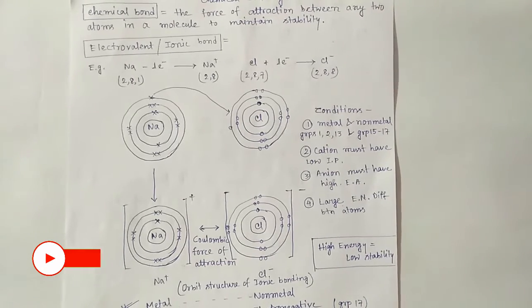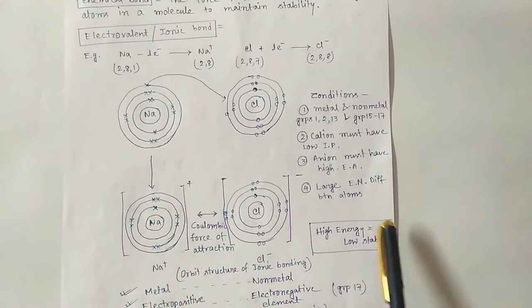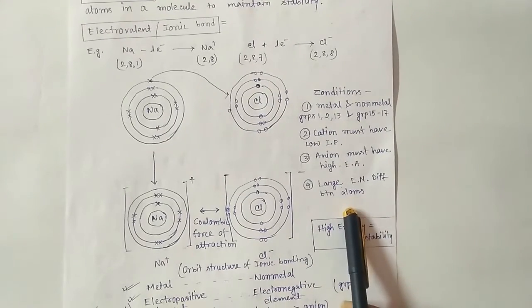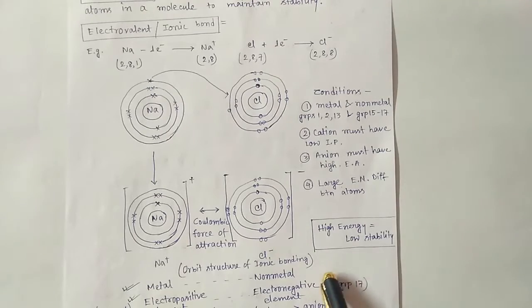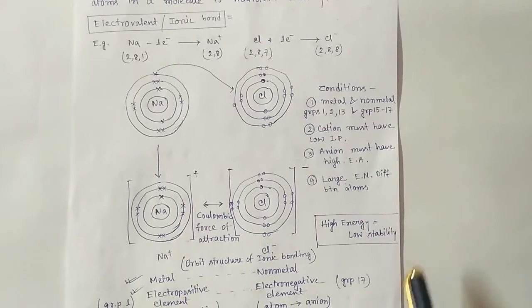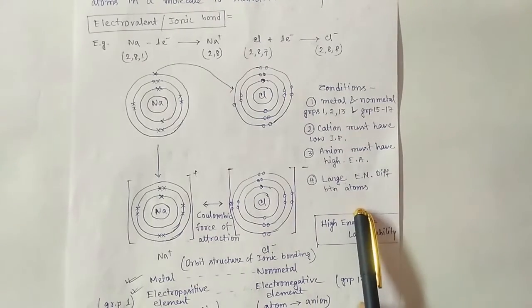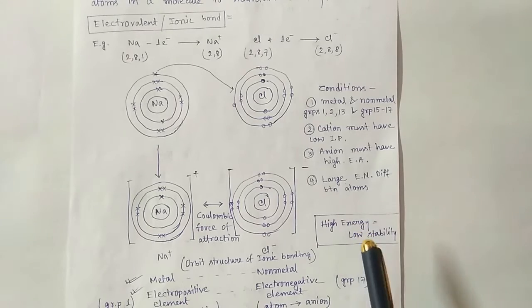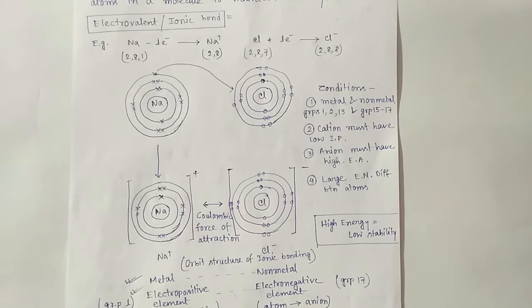Next, there must be a large electronegativity difference between atoms. Electronegativity is the tendency of an atom to attract the outermost shell electrons towards itself. The left side elements of the periodic table are less electronegative.